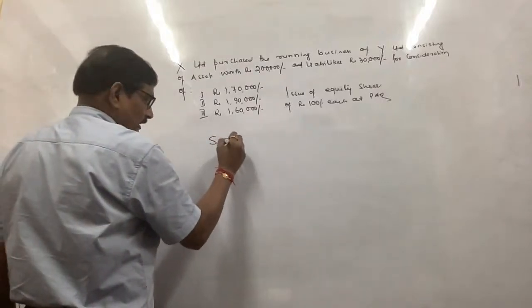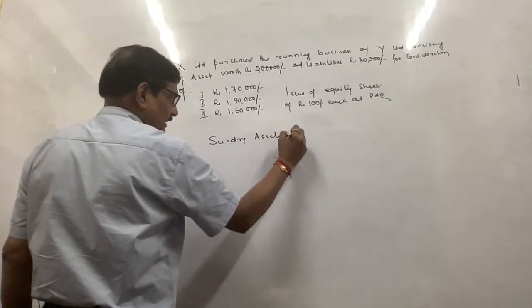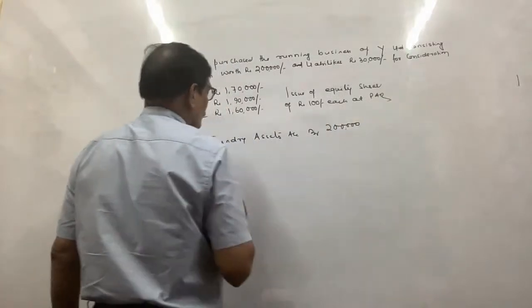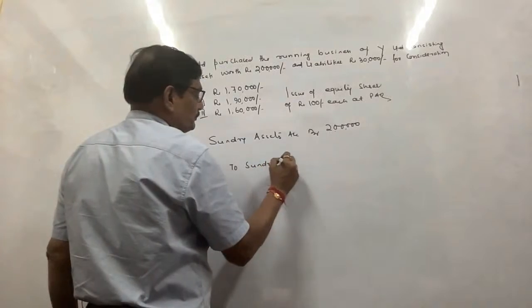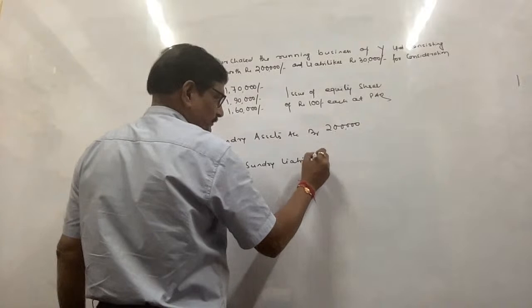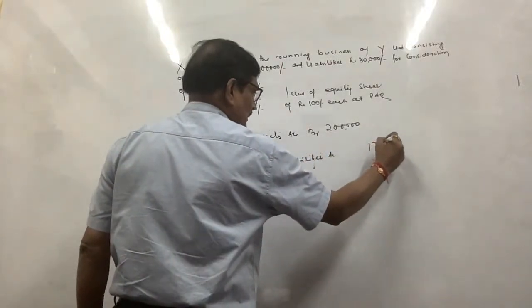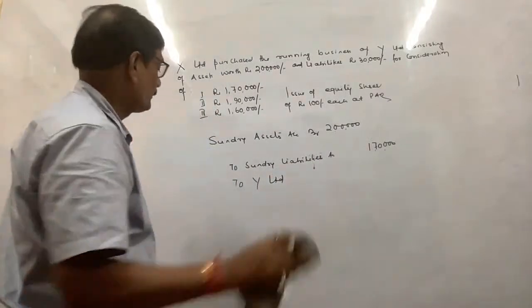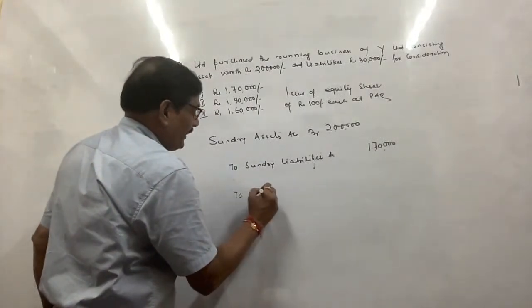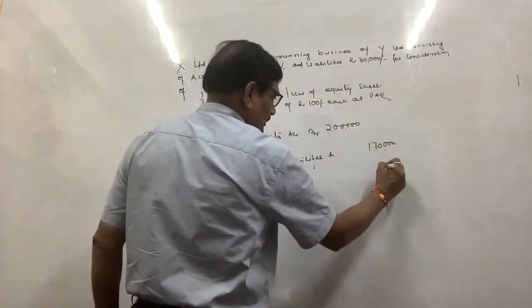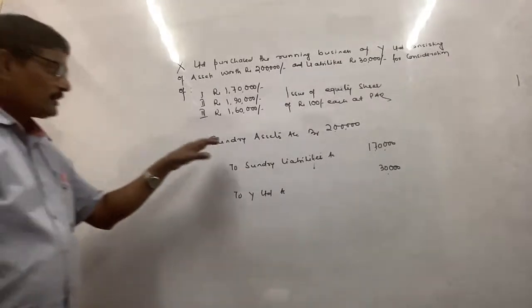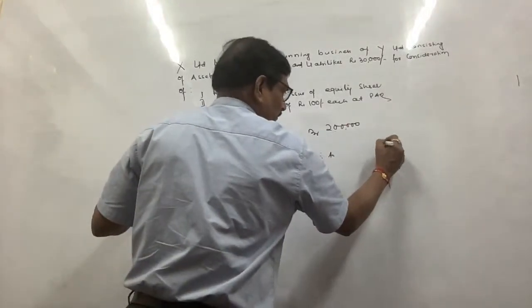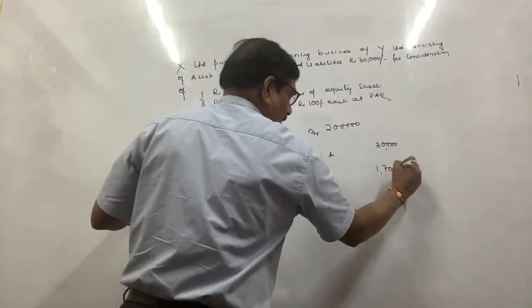Otherwise, write down sundry assets account debited 2 lakh, to sundry liabilities 30,000 and to Y Limited 1,70,000 rupees, since the question is specifically not given. Being assets purchased.